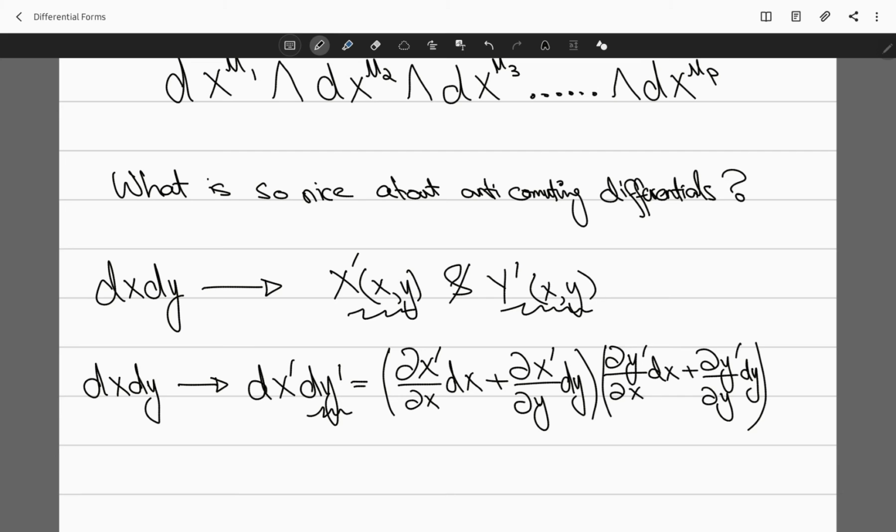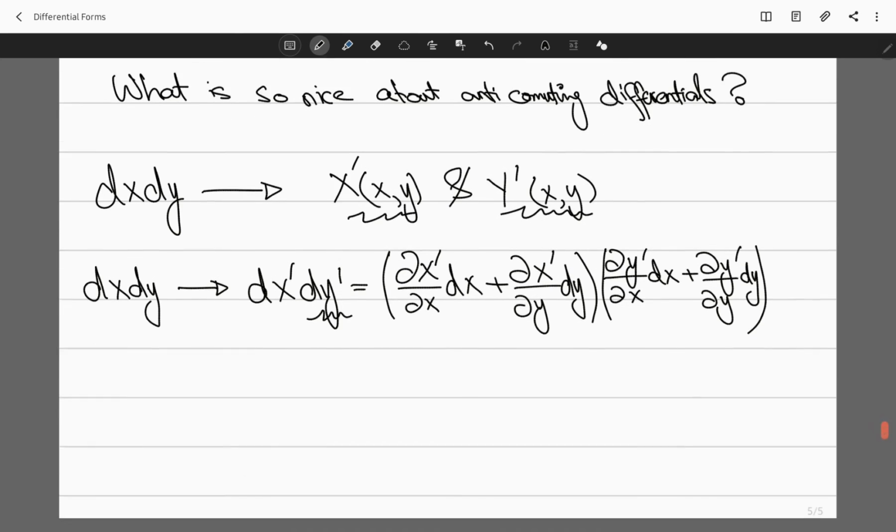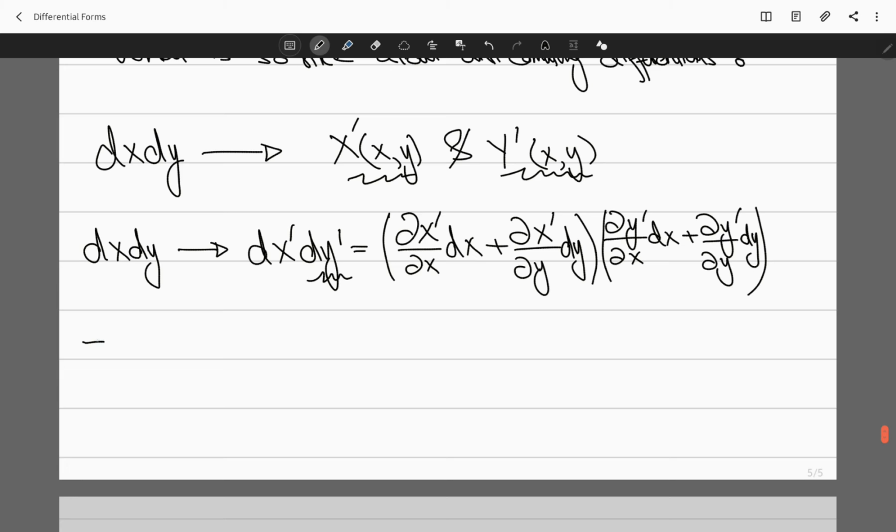And if you open these brackets, which of course you can, it is equal to partial x prime over partial x, partial y prime over partial x. Again, note that I'm just multiplying all of these, right?